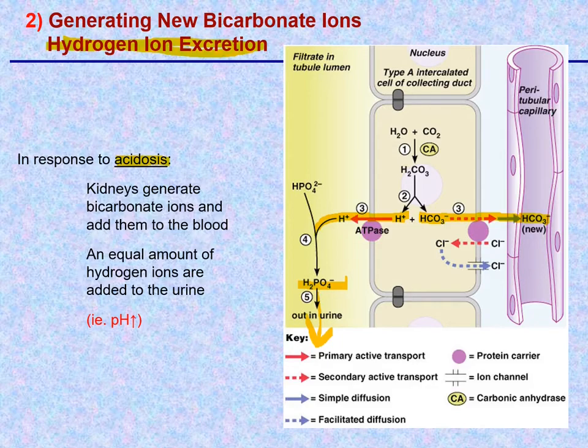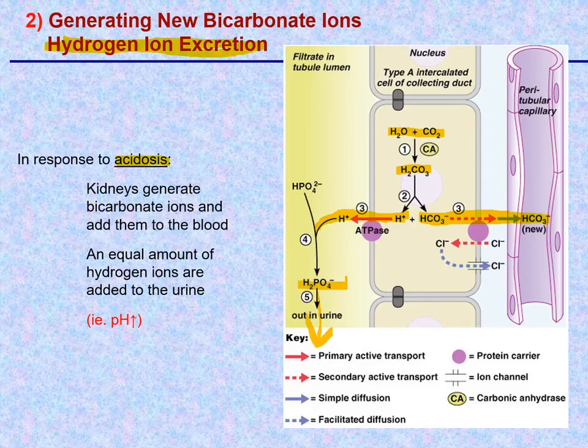This is not the same mechanism as before. It involves the pathway going from water and carbon dioxide towards forming a new bicarb and absorbing that in. So you have generation of new bicarb by hydrogen ion excretion going out, and generation of a new bicarb that goes in.